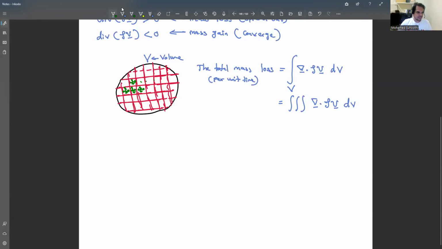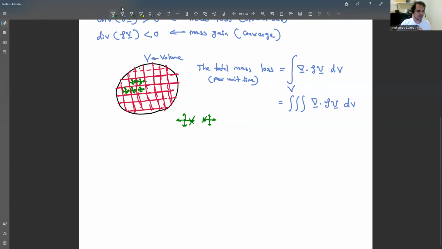If you take two different points, let's say this point and this point, I will draw it separately. At this one point, this is the divergence. The next point you are calculating here. What happened? These two cancel out, because they are in opposite directions.